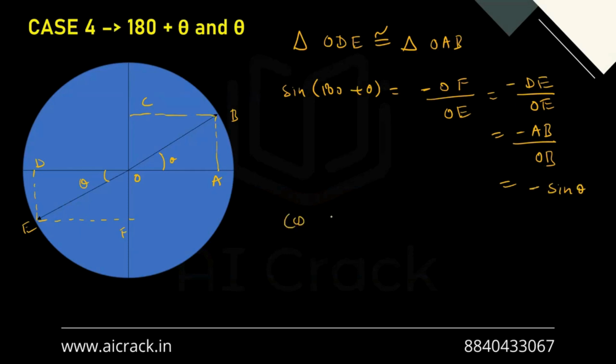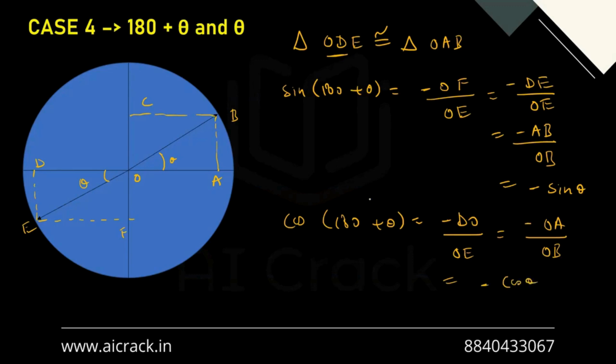And if we talk about cos of 180 plus theta, in that case we have to take projection on x-axis. Again over here we have negative x-axis, so this becomes minus DO divided by OE, and DO is same as OA, so minus OA divided by OE, which is same as OB. So OA upon OB actually becomes minus cos theta, right?